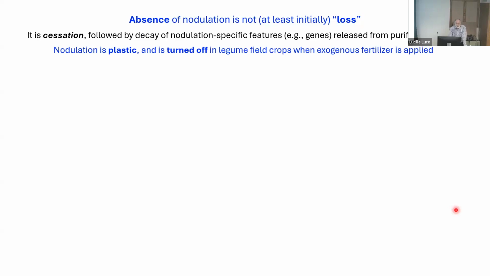If you keep everything turned off after you've ceased to do nodulation, however, everything starts to decay as you remove the genes from selection. And so purifying selection is relaxed, and you'll start to accumulate mutations in these key genes. So that's why Cercis, for example, the redbud, still has NIN, but its NIN has decayed. It doesn't function anymore. Other plants have lost NIN completely.